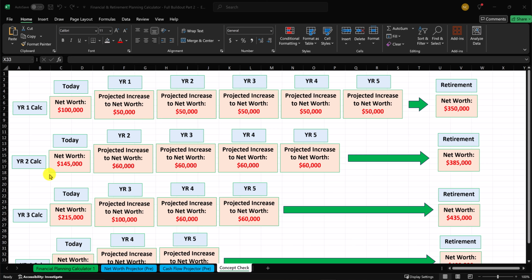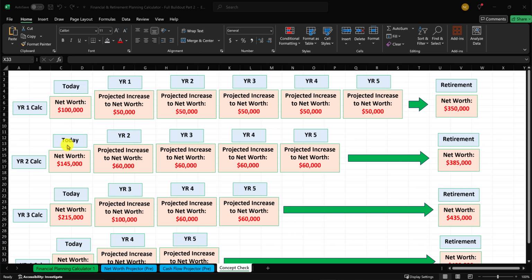But then right before we start the year 2 calculation, we gather up all of our brokerage statements, all of our bank statements, we take a look at the value of our properties and so forth, and we determine that our actual net worth starting in year 2 was $145,000.